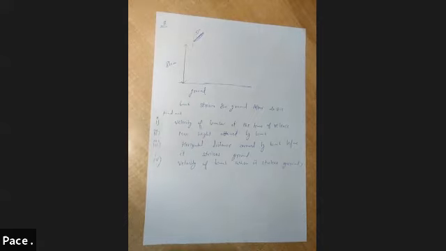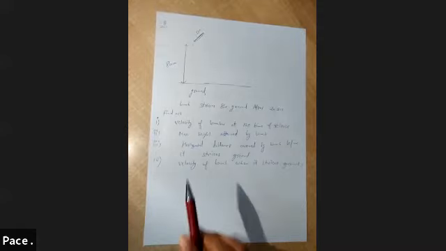So we have got three data: the bomber is making an angle of 53 degree with vertical, at the time of releasing the bomb it is at height 800 meter from the ground, and this bomb takes 20 seconds to reach ground once it is released.